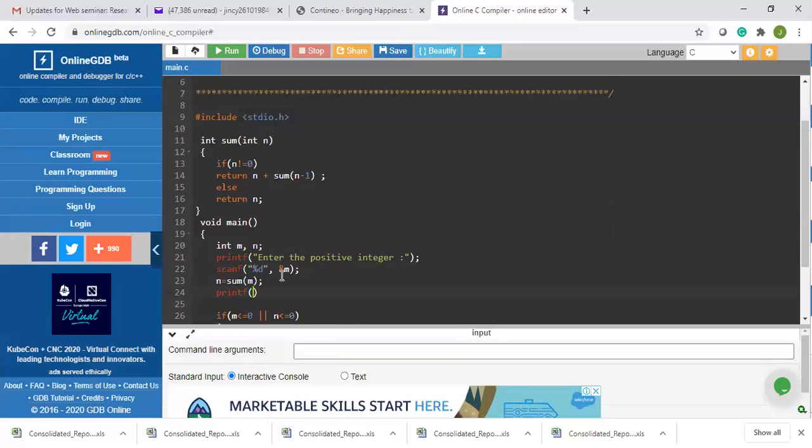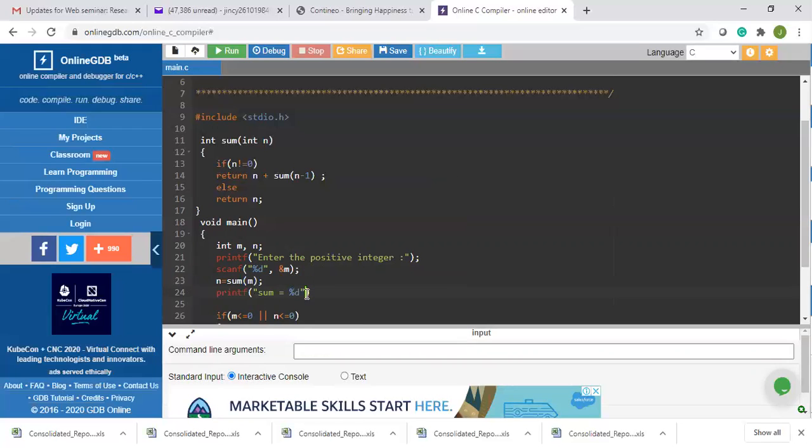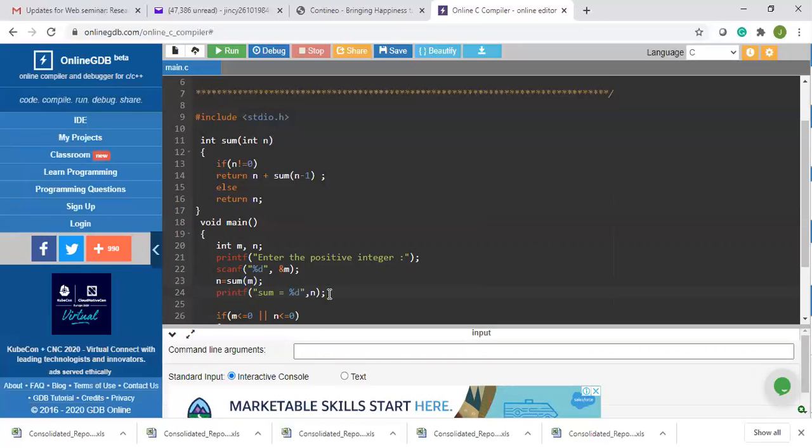Printf sum equal to percentage d, comma, result we're going to mention as n, and semicolon.